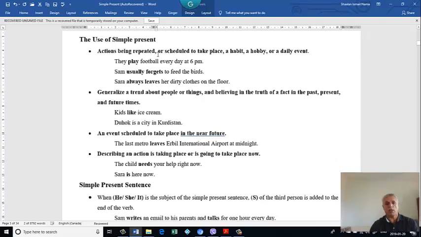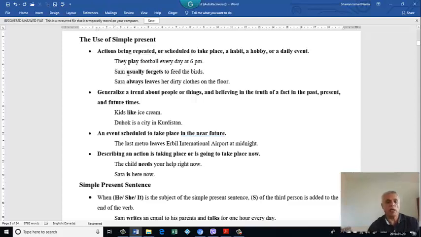An action being repeated means you have to repeat it or schedule it to take place, or it is a habit, hobby, or a daily event. For example, they play football every day at 6 p.m. Then sometimes we have an adverb.